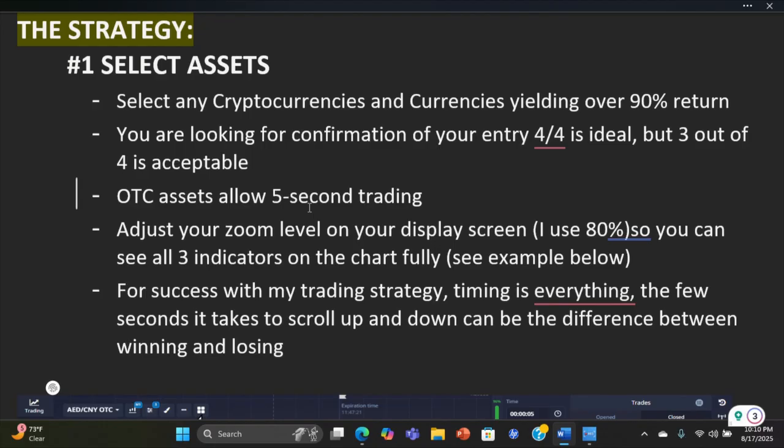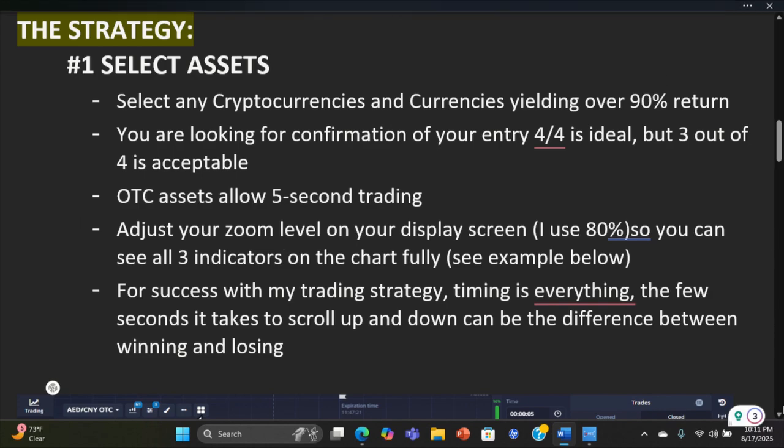So you can see everything you need to see all in one quick glance, which is very important because any hesitation of scrolling down and scrolling back up, you probably lost the opportunity. You have to be very quick to click that button. Okay. So let's keep going.